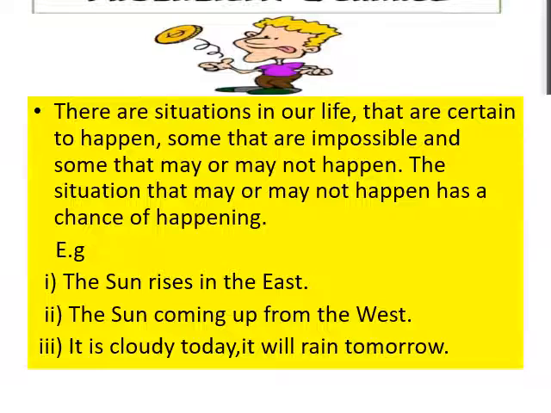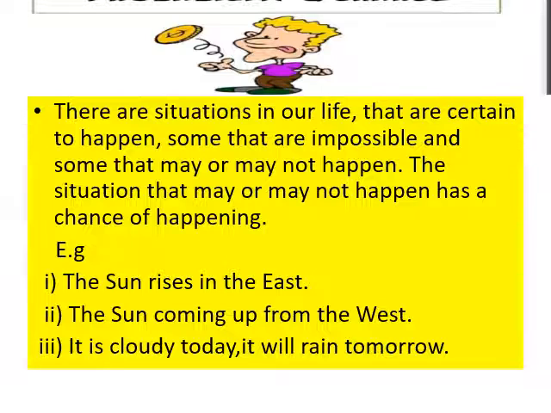Each outcome on tossing a coin is called event. So I hope you have understood what is event. Event means which is going to happen. So children, sometimes you observe these situations in your life. There are certain things which are going to happen by hook or crook. That is, like the sun rises in the east.